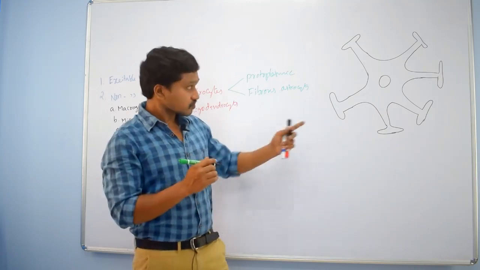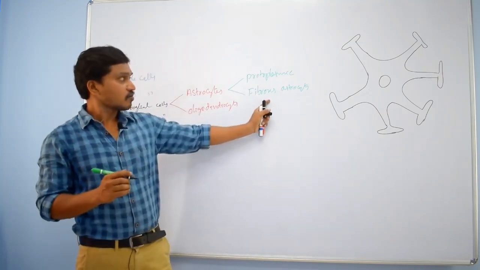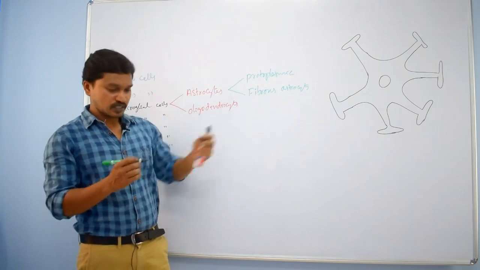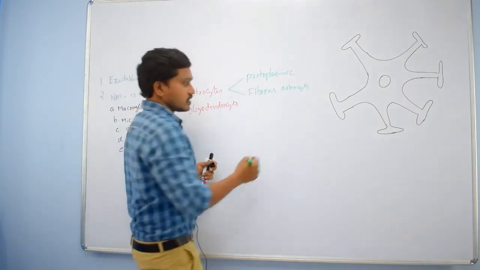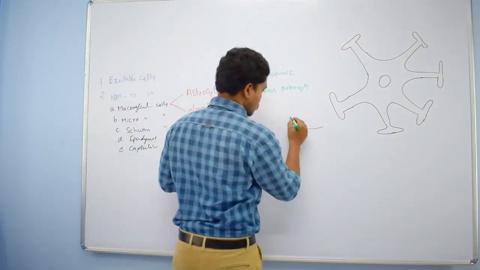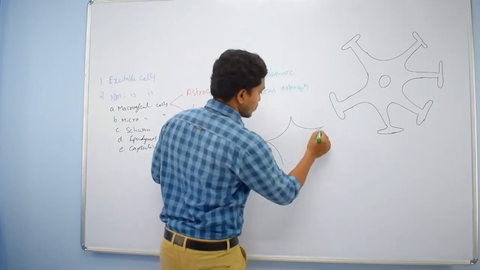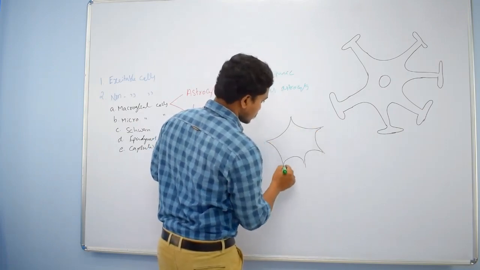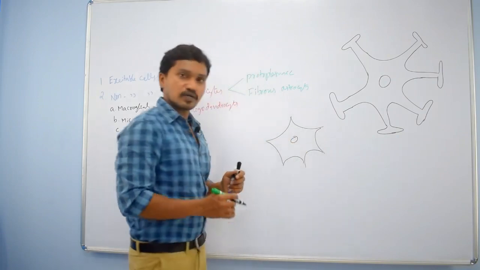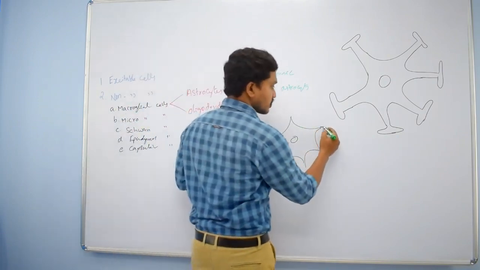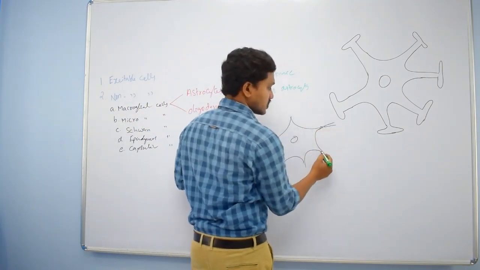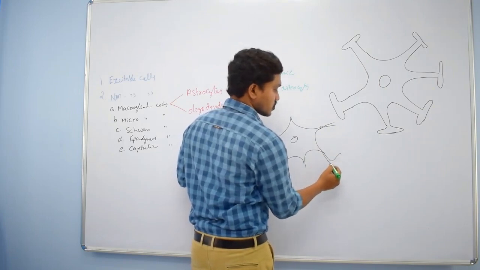Okay. Then fibrous astrocytes. These fibrous astrocytes, of course, are star shaped and they also contain a cell body and cytoplasmic extensions, that means processes.